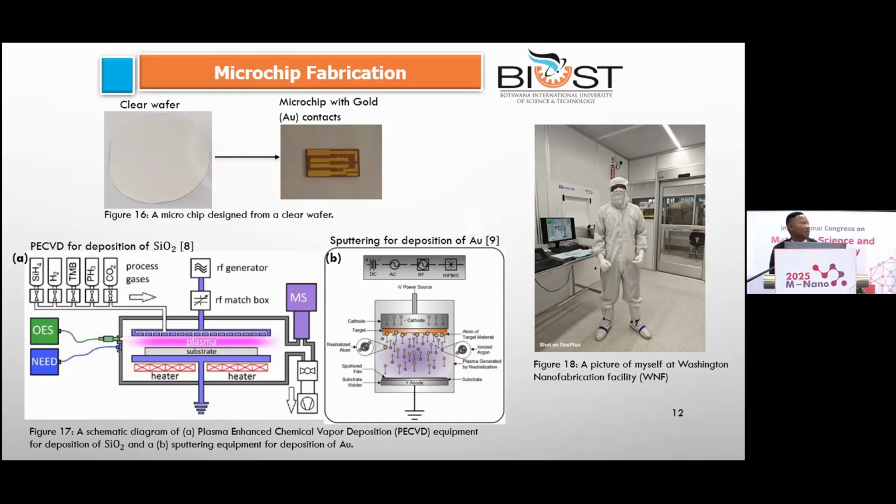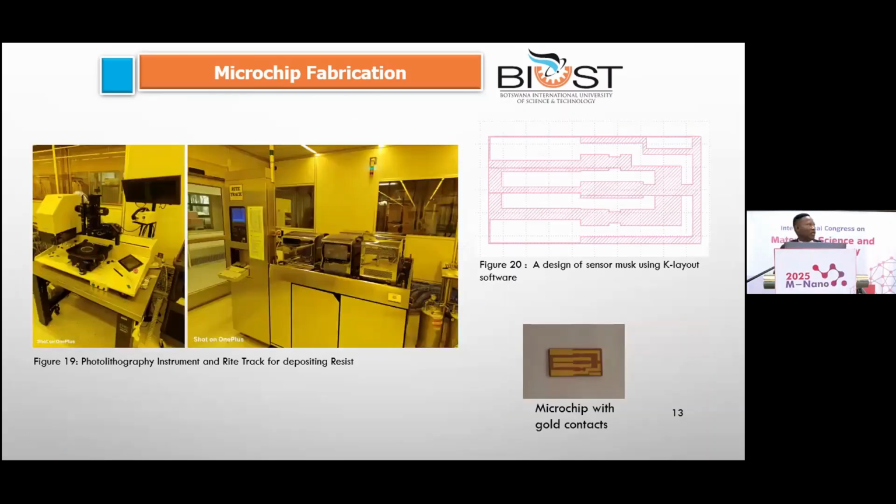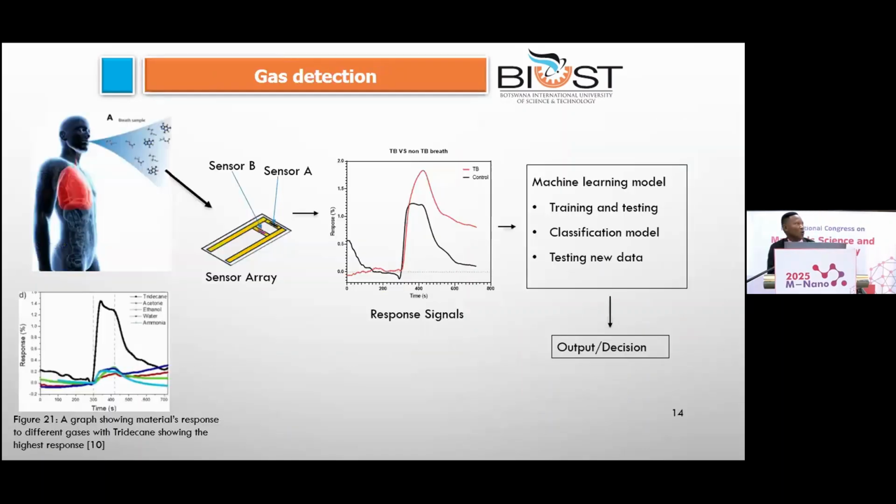Because of time, I'll move on. To get the chip like this, the photolithography technique was used. Now that we have the microchip for making our array, we are going to deposit our sensing materials on our array.